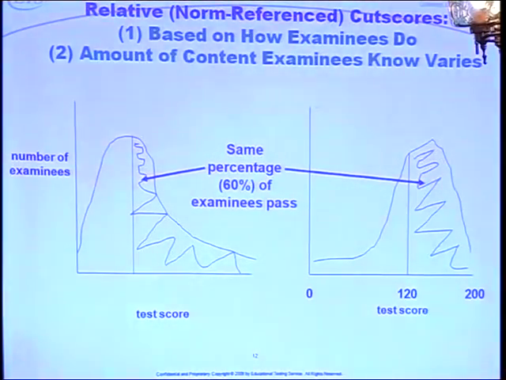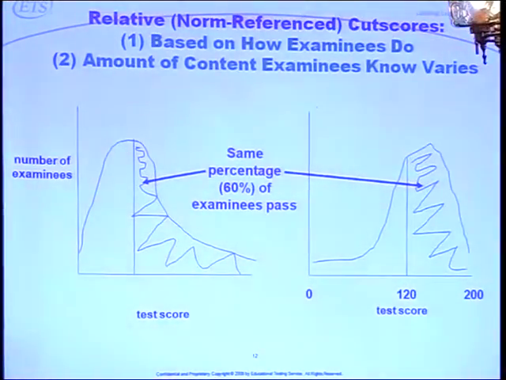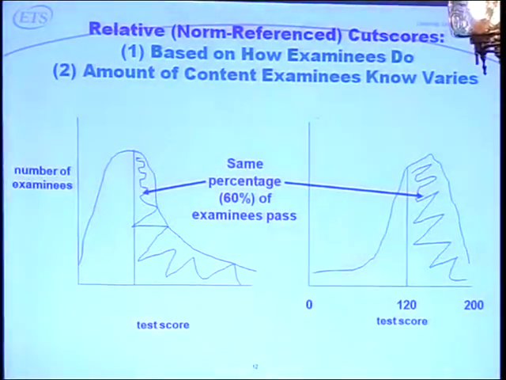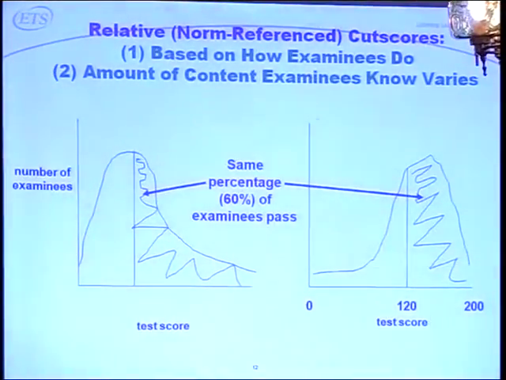If we happen to have a very able group of students, we would have more people passing the test. So this is the part that stays the same, the cut score, and the distribution of scores is what it is.